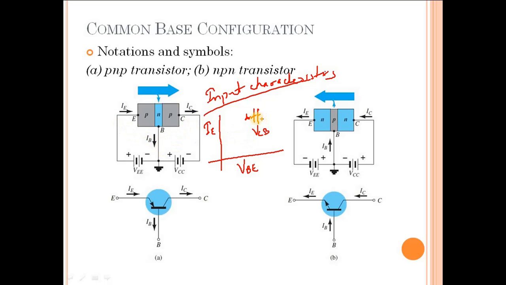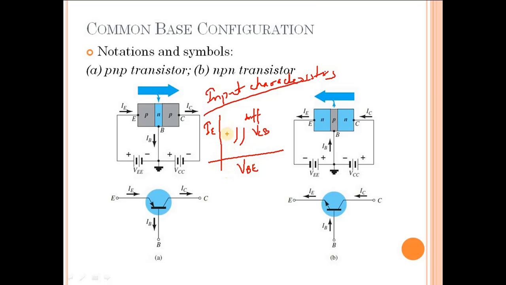For each value of VCB we get a curve. So the input characteristics are a set of curves, not a single curve, because they show the variation of IE versus VBE for different values of VCB, and for each value of VCB we get a corresponding curve on this plot.